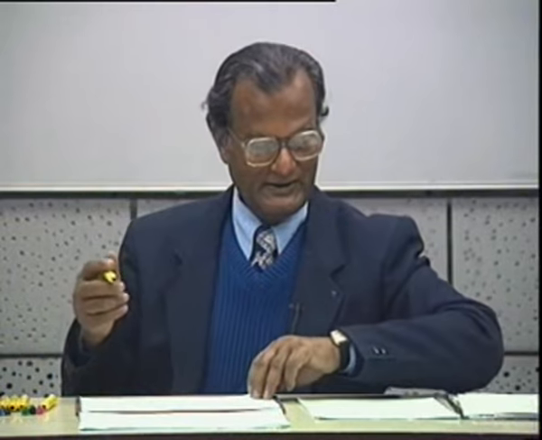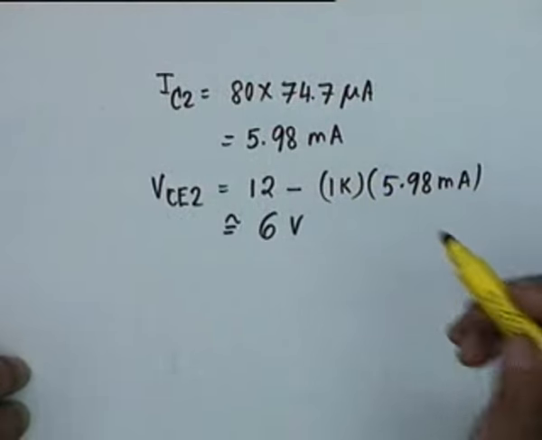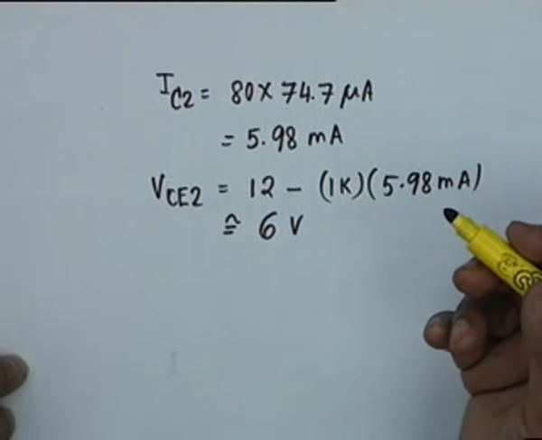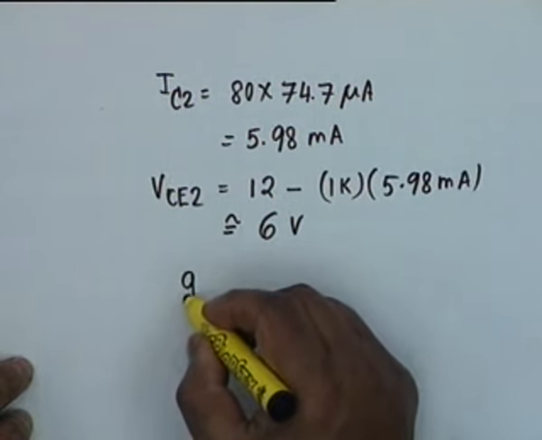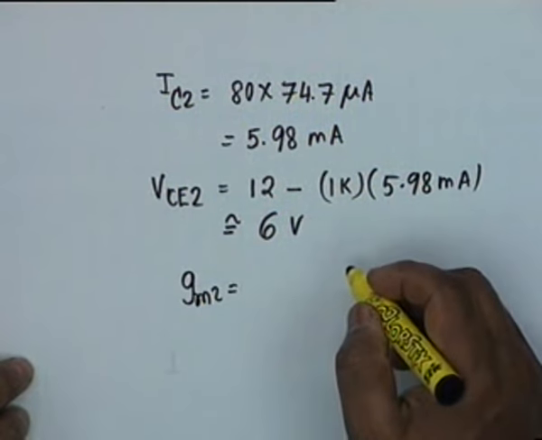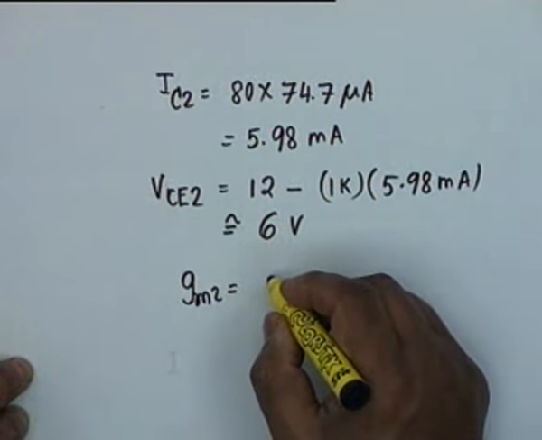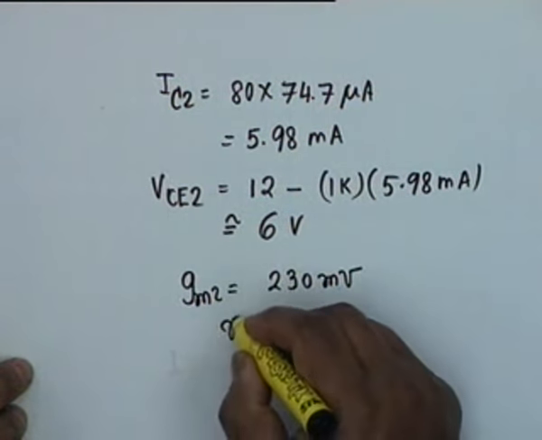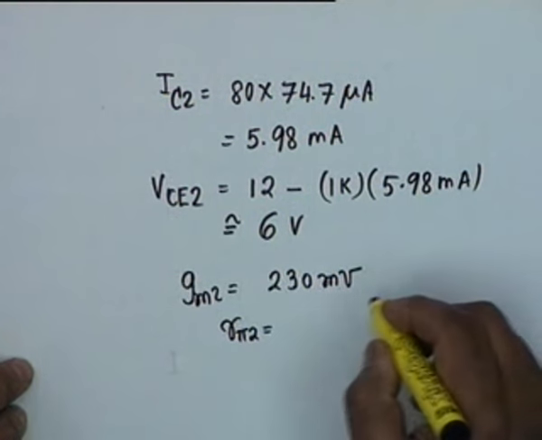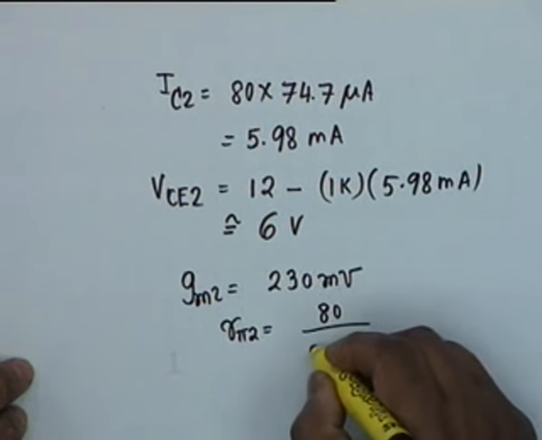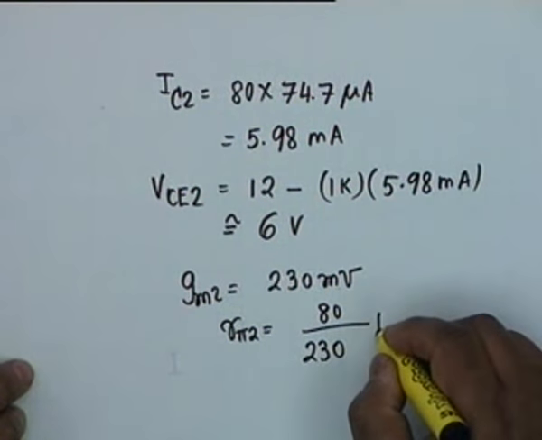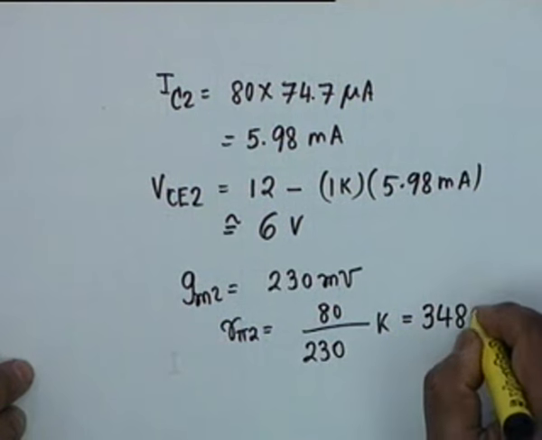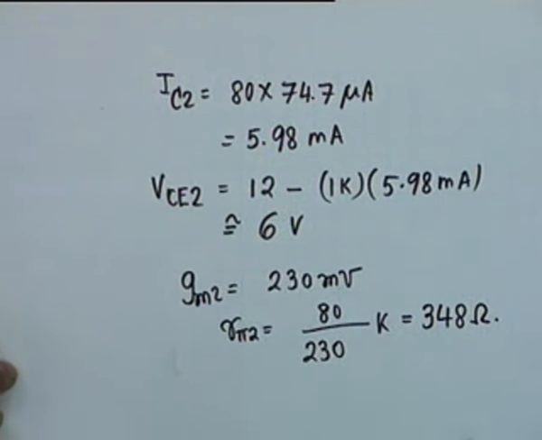anyway. All right. Well, VCE2 and IC2, this is also a good operating point, 6 volt and 6 milliampere. We can now calculate gm2, IC2 by 26 millivolt. This comes out as 230 millimho, and therefore r_pi2 is equal to beta divided by 230 millimho, and this comes out only as 348 ohms.